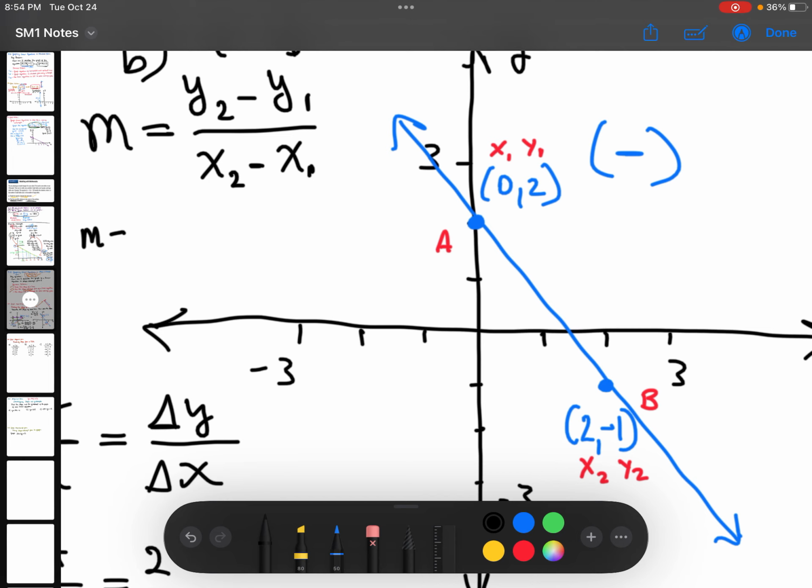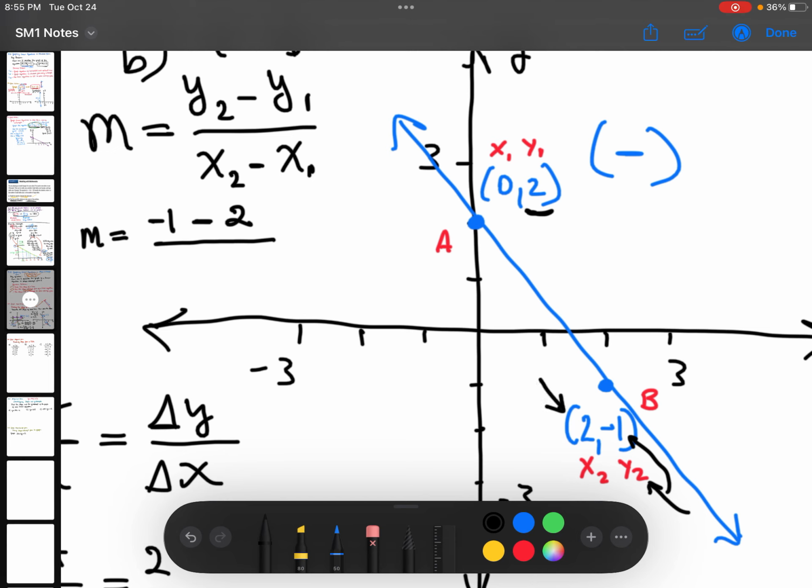m is equal to, what is y2? Right here, guys. It is -1, so I'm going to plug it in. -1 minus, where is y1? It's right here, guys. You see? -2. What is x2?